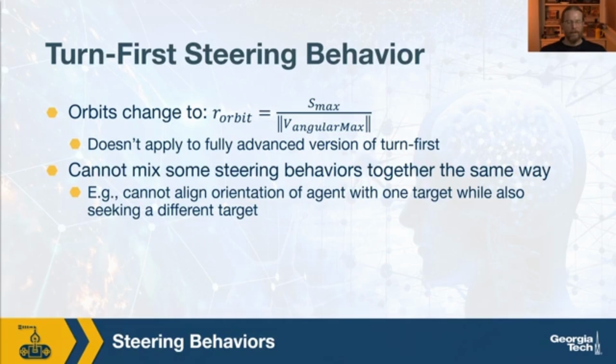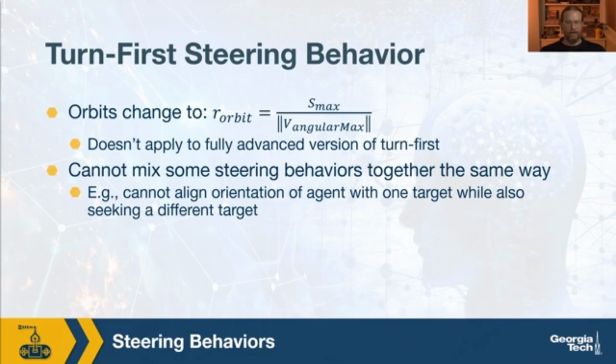Well, the minimum radius of the orbit is going to be the maximum speed divided by the maximum angular velocity magnitude. So the translational speed max over angular speed max is going to determine the orbit in that scenario. And that's just because we've defined motion a bit differently, so we need to calculate that radius differently.